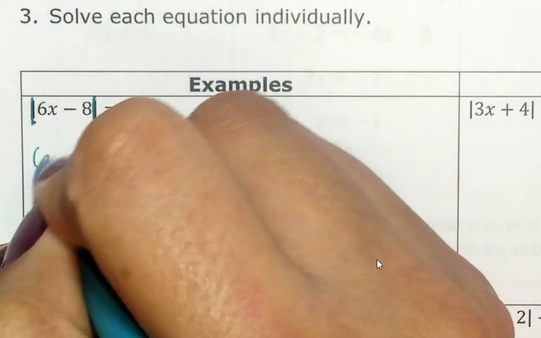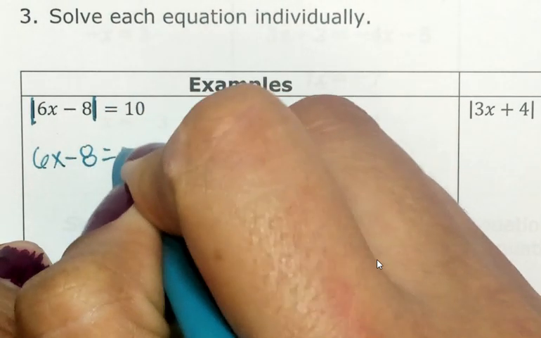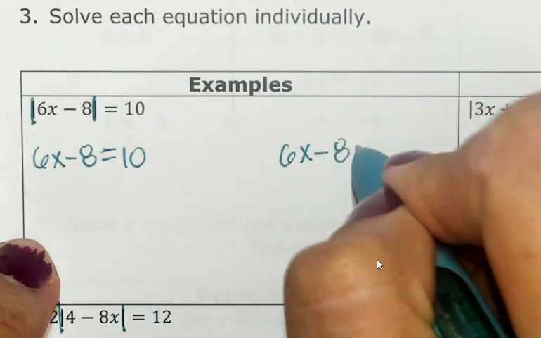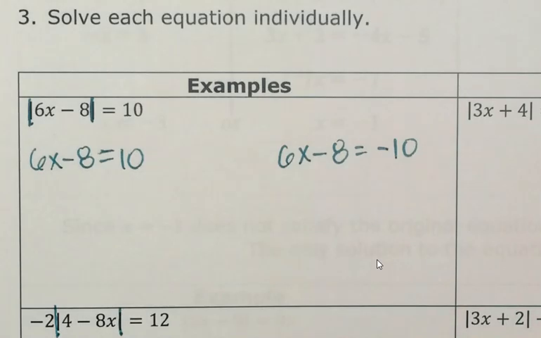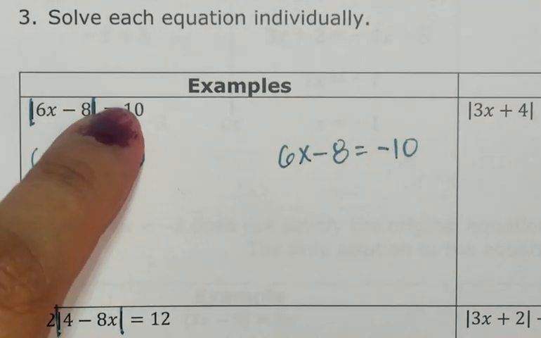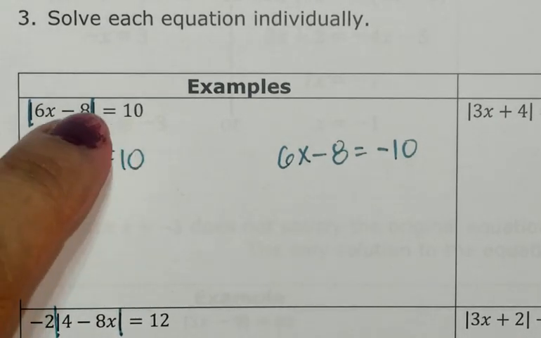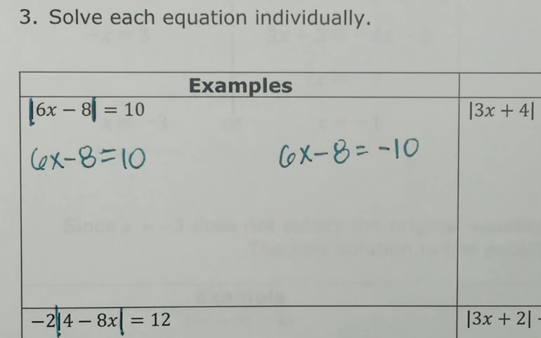So we're going to have 6x minus 8 equals 10. And we're going to have 6x minus 8 equals -10. So similar to yesterday, you just write that equation equals that number. But then you also write that expression equals the negative version of that number.